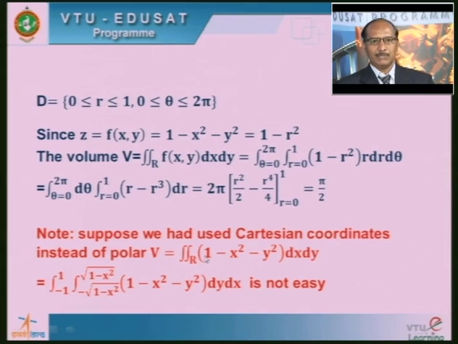Suppose instead of converting to polar, we had used the Cartesian coordinates, what happens? Without using the polar, as usual with the earlier methods, V is equal to double integration over R of the function f(x,y), the paraboloid 1 minus x square minus y square, dx dy. So, the region R in the Cartesian plane is a circle.